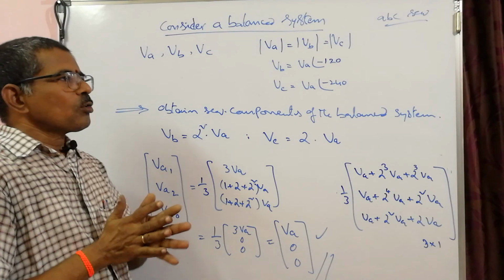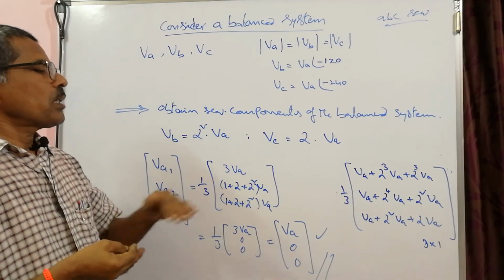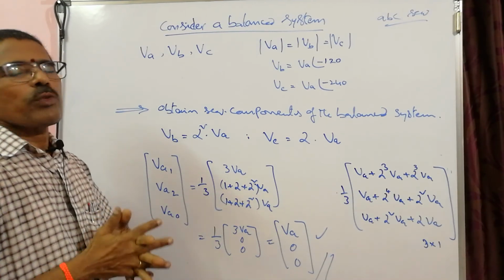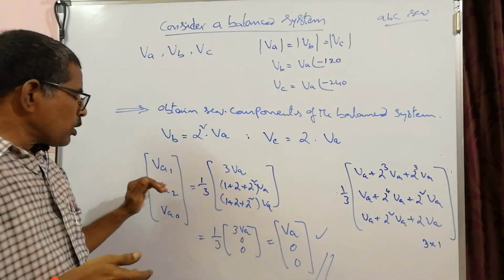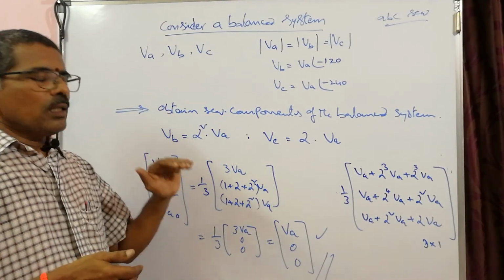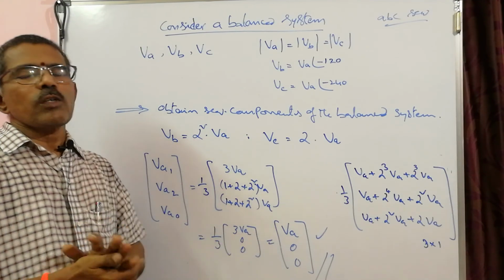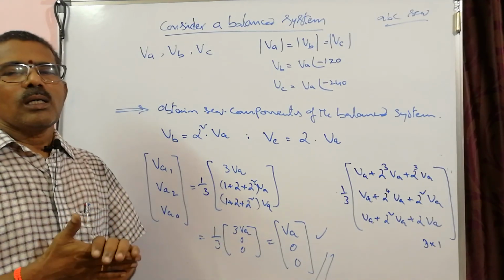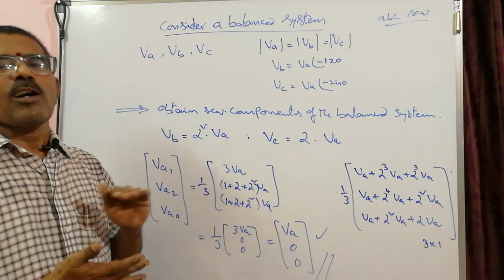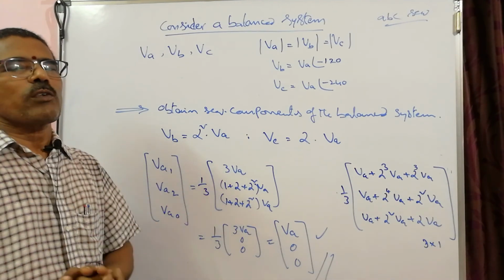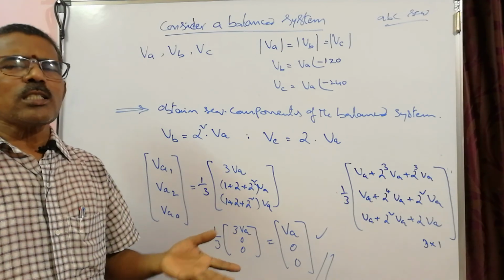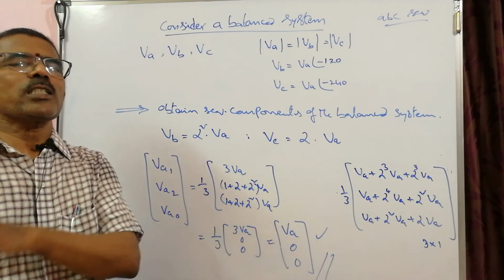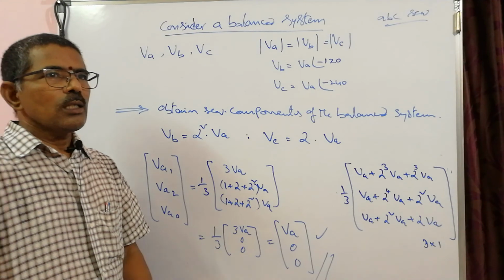Please make this a point which is very, very important. For a balanced system, you get only positive sequence component. Negative sequence and zero sequence components become 0 or absent. If it is an unbalanced system, you get positive sequence, negative sequence and zero sequence components. Thank you.